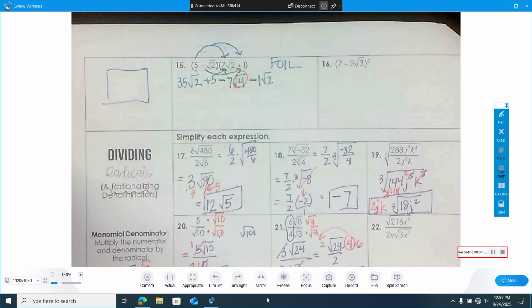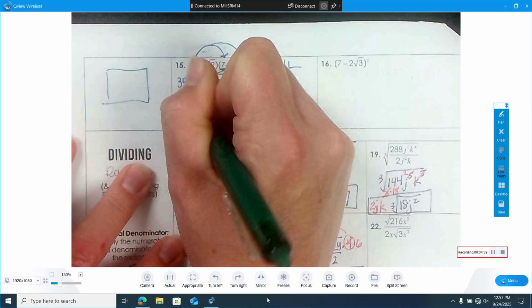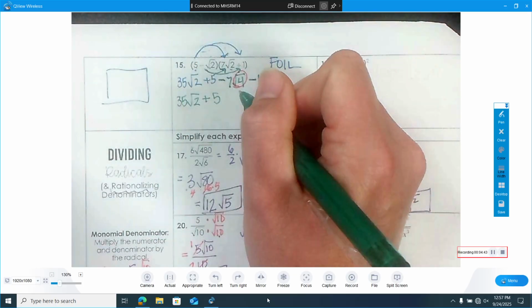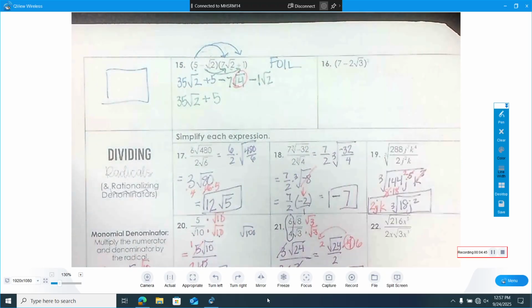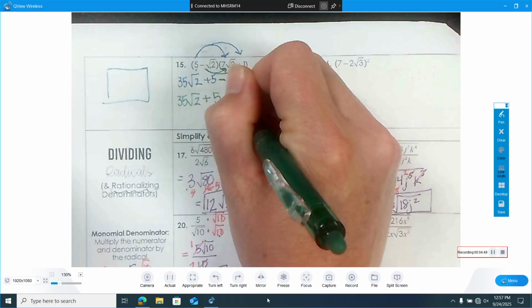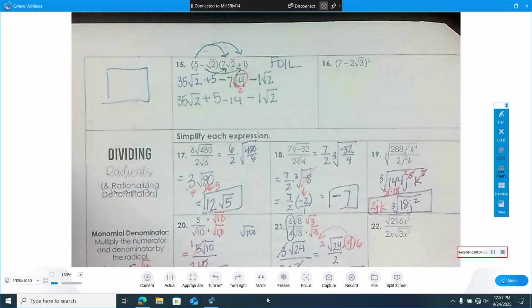All right. So I know that I can clean this thing up because the square root of 4 is really just 2. So I have 35 radical 2 plus 5. That is really a 2, so negative 7 times 2 is negative 14. So negative 14 minus 1 radical 2.